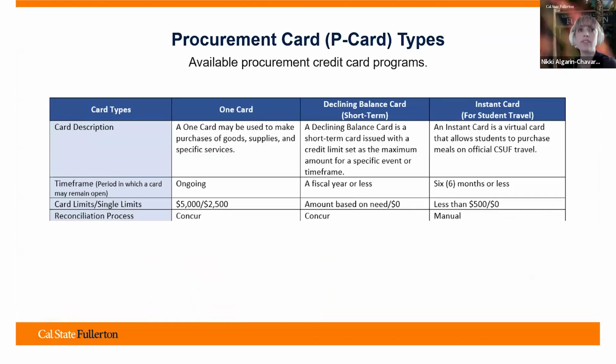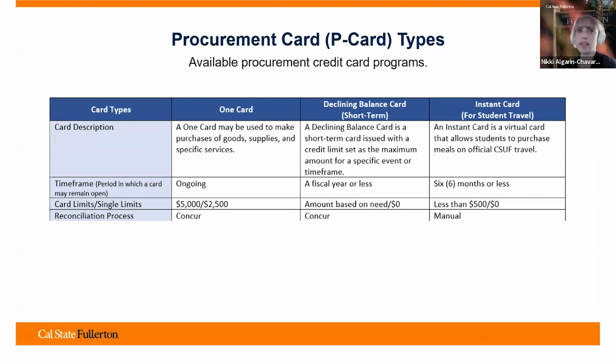So here we have the 3 P card types that are available. The first is your standard P card with credit availability resetting monthly. Then you have your declining balance card, which is a set credit limit with purchases deducting from that credit limit.